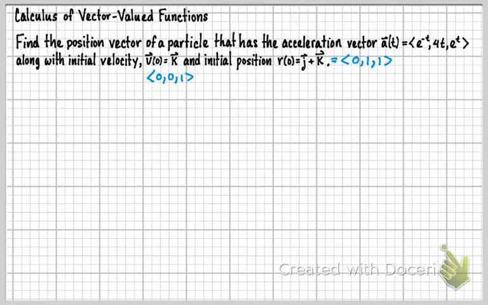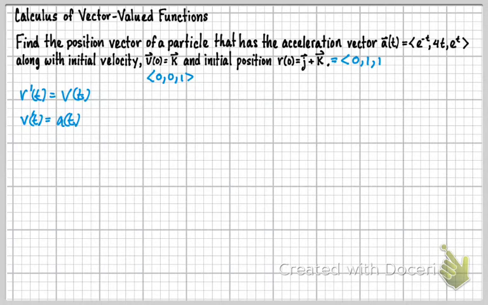All right, so I need to find the position vector of a particle. So that's my r(t). I need to find r(t), and I'm at a(t). If I took the derivative of r(t), that's equal to velocity, if you didn't know that. And if I take the derivative of velocity, that's equal to acceleration.